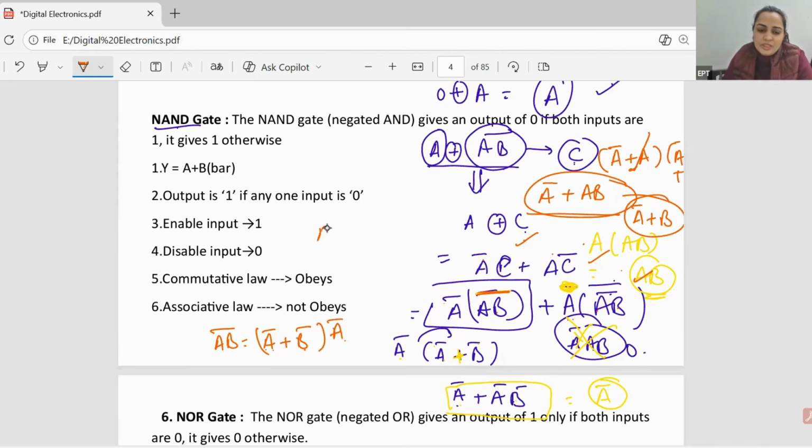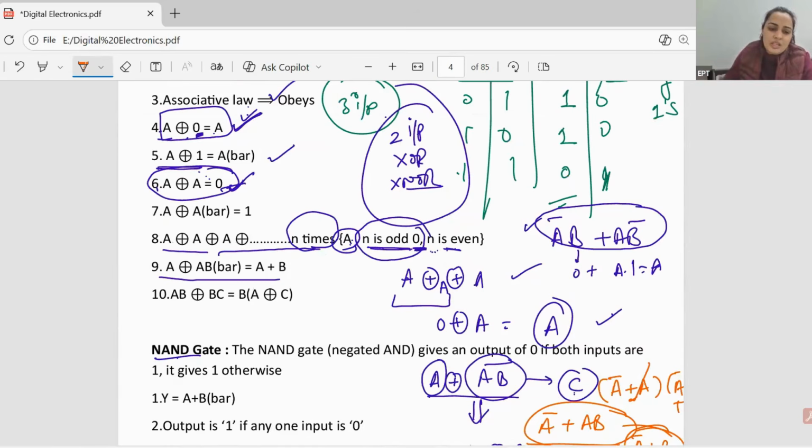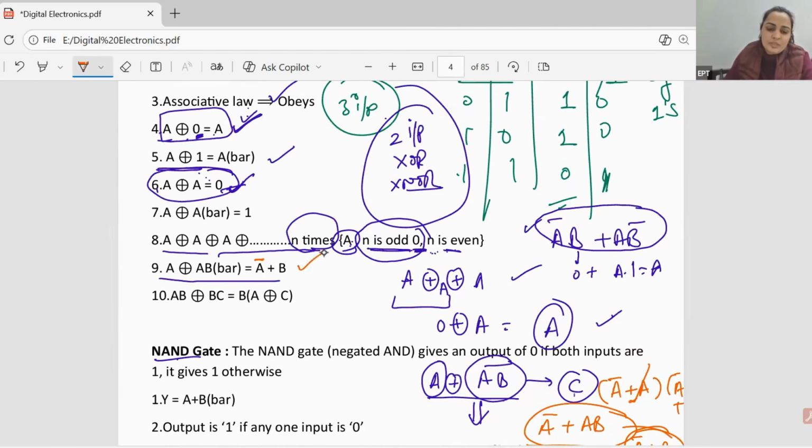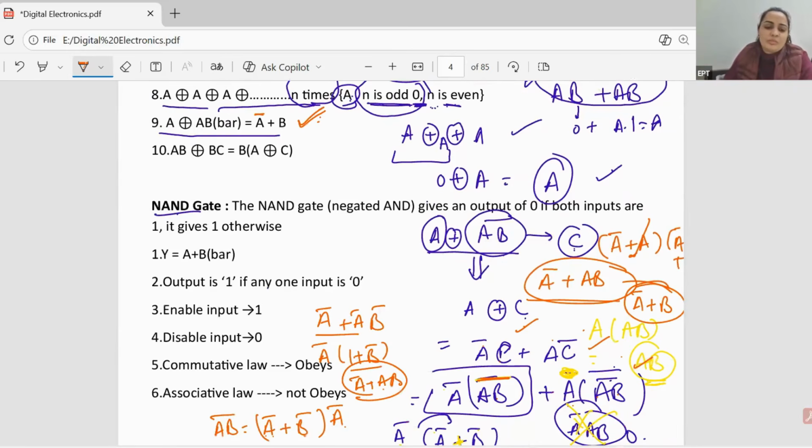So it is going to be a bar plus a bar b bar. Now take a bar common. So it's 1 plus b bar, which is going to be 1. So it is a bar plus ab. Okay, students, the answer is a bar plus b. There was a mistake, it is going to be a bar plus b. So you have to remember just this formula only. The rest is just calculation.